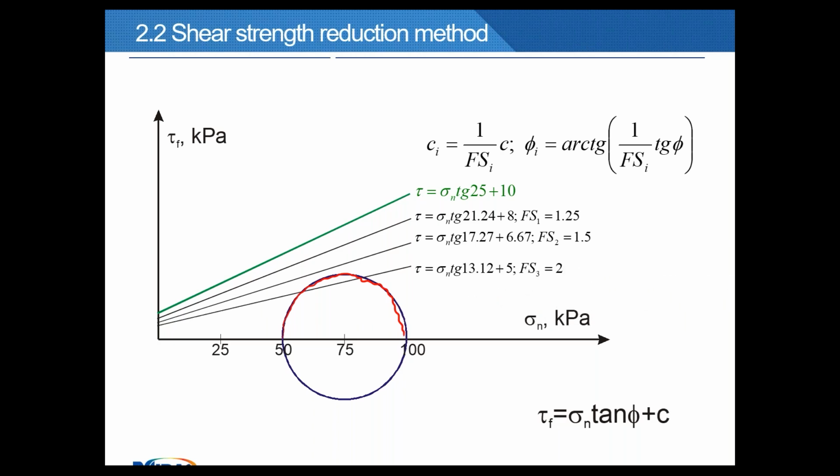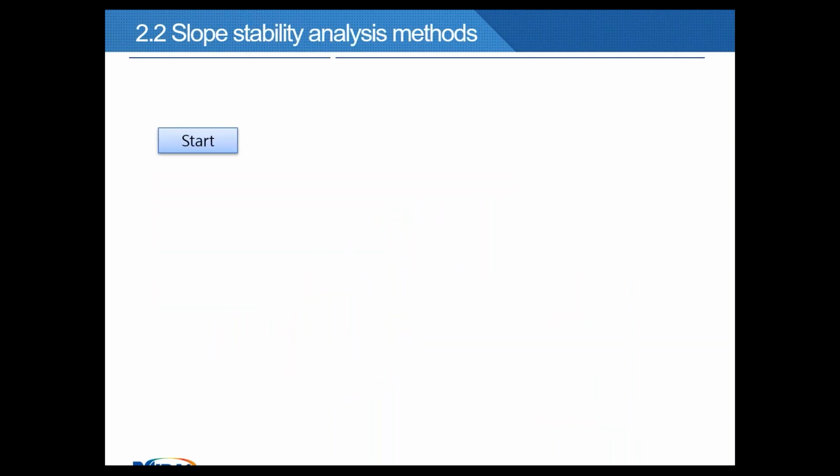But if we divide by 2, the model is unstable, and the program cannot find the solution. So we are bracketing these numbers, and for example, in this example, for a factor of safety of 1.67, we have found the solution of our problem. So we can say that the factor of safety of this element is 1.67.